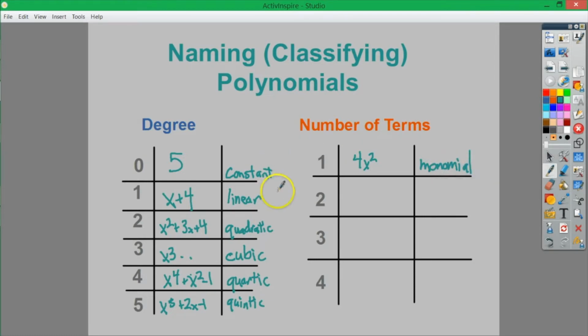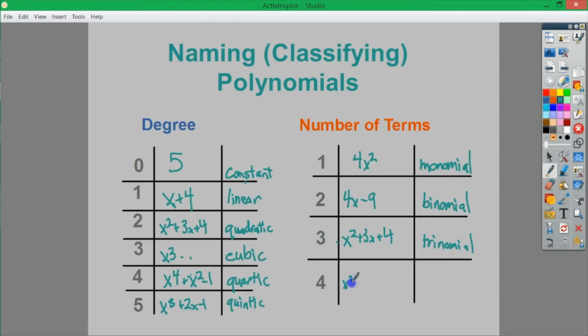So it's almost like first name, last name. If there's 2 parts, so say 4x minus 9, then I'm dealing with a binomial. If I have 3 parts, I'll say this is a trinomial.